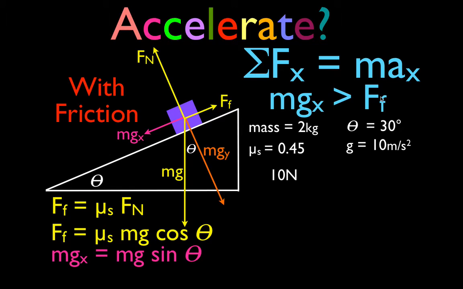Let's calculate the friction force. The friction force by definition is mu times the normal force. We're going to use the static coefficient times the normal force. The normal force is equal to the y component. The y component is mg cosine theta.